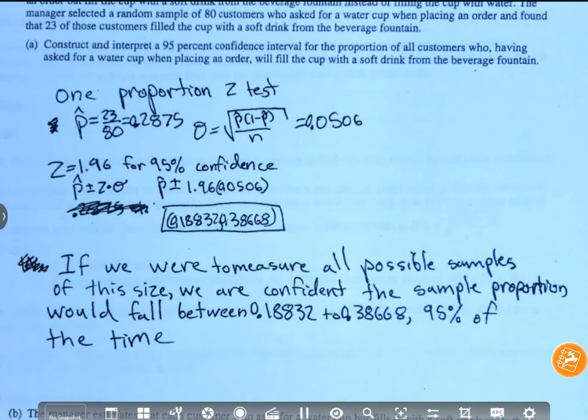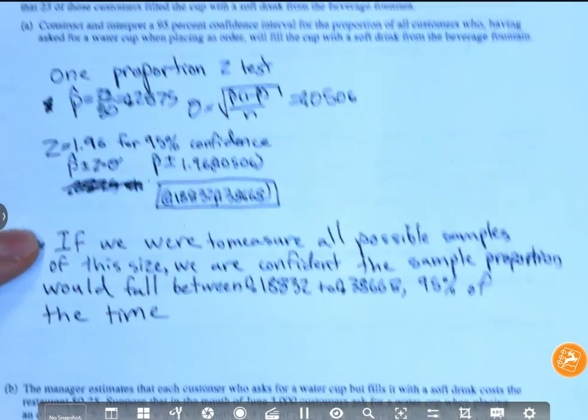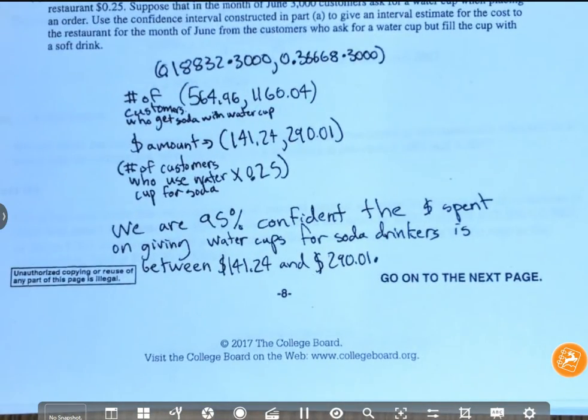Go ahead and read through that, and I'll show you the second part. What work they did versus what work you did. Is their work even correct? I don't know. Okay, so that's A. And take a look at B.